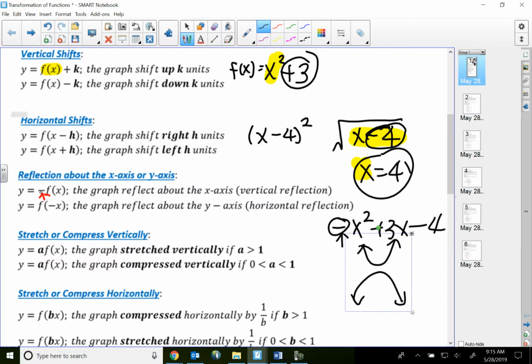Therefore, with that negative sign in front of my function, there's a reflection about the x-axis. Opening up or opening down refers to reflection about the x-axis, or the vertical reflection.